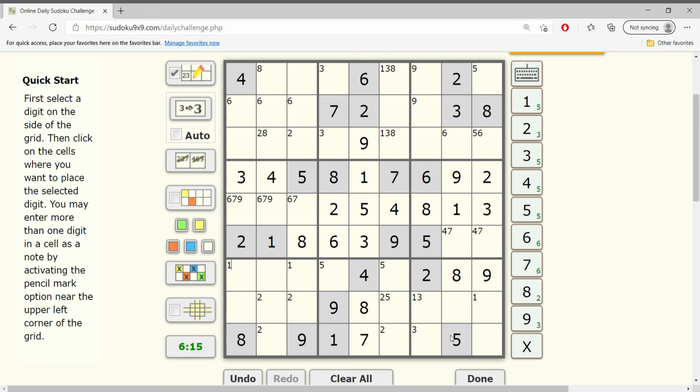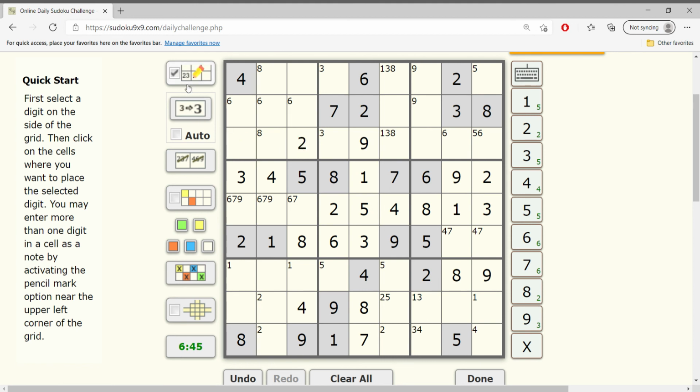Let's see, I think 4. Yeah, 4 is like this. This has to be 4. So 4s can only be in 2 cells in this box. And see, 2 is vertical. So this cell cannot be 2. Only this can be 2. This is 2.